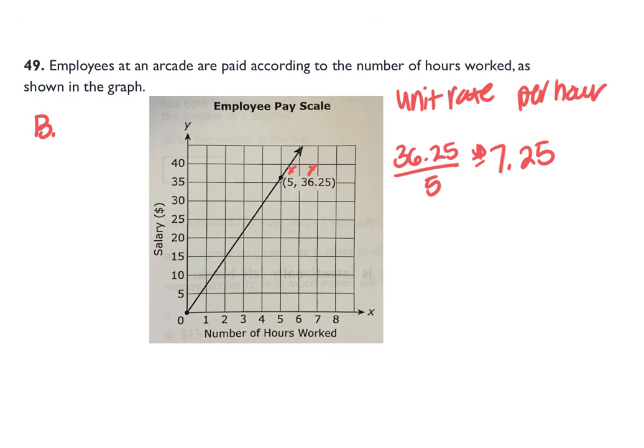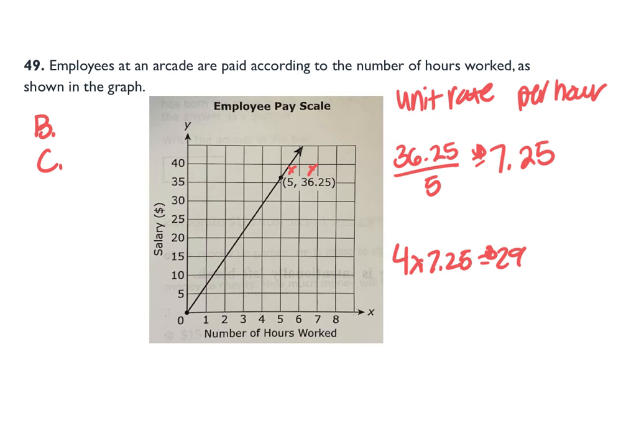If they do work 1 hour, they earn $7.25. Okay, C says if the employee works for 4 hours, they earn $29. So 4 times $7.25 gives me $29. So C is correct.